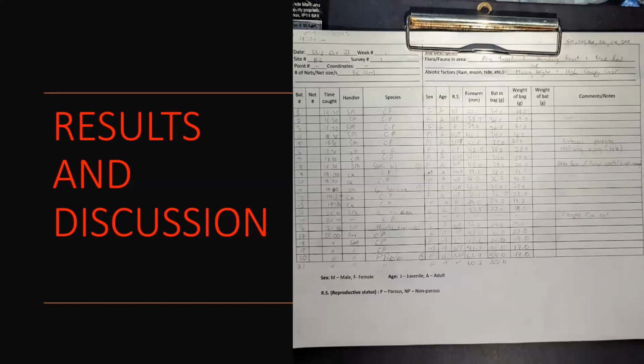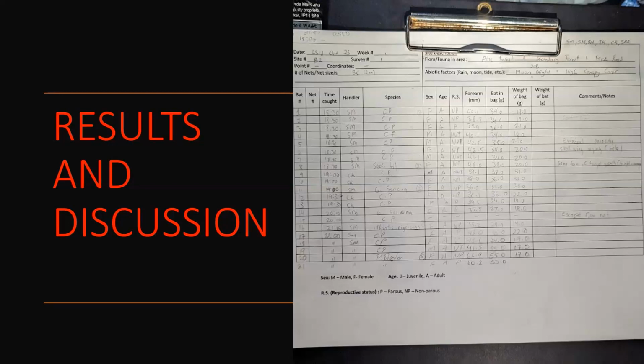And within the main content of the data form, we list the number of bats that we caught, what nets, if there were nets at different sites, the time that we caught each bat is recorded, and who handled that bat, and a list of the species of the bat is recorded as well.